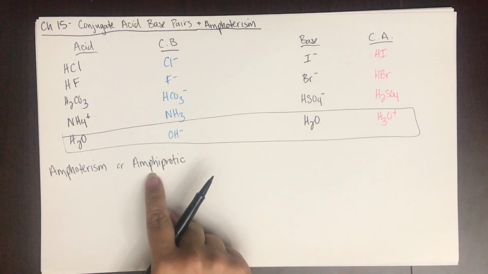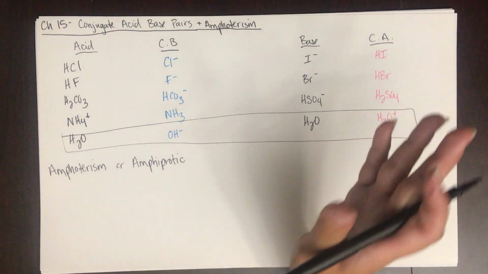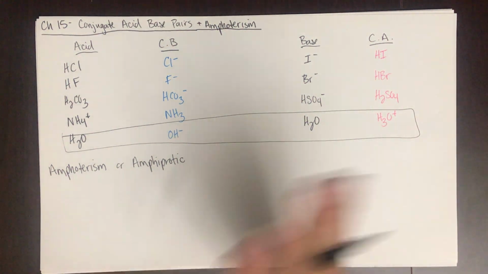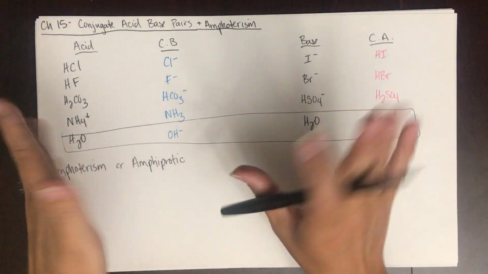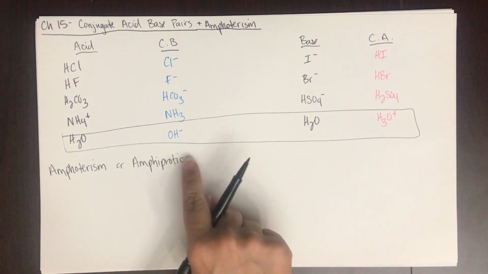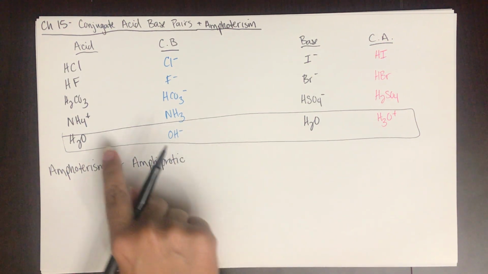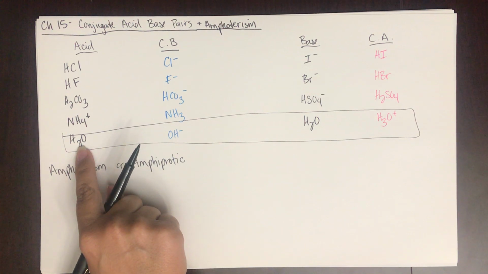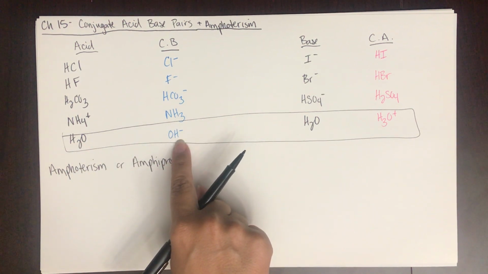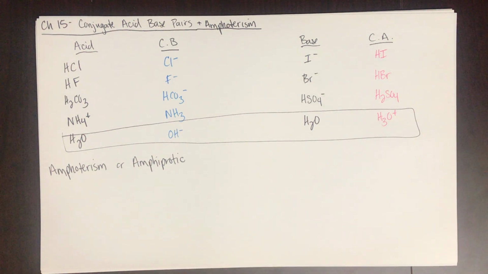So the prefix amphi means both, like an amphibian lives in both the water and the land, or somebody that's ambidextrous uses both their left and right hand. Amphiprotic, protic means proton, so amphiprotic means that water can act like an acid and lose a hydrogen, or water can act like a base and gain a hydrogen.